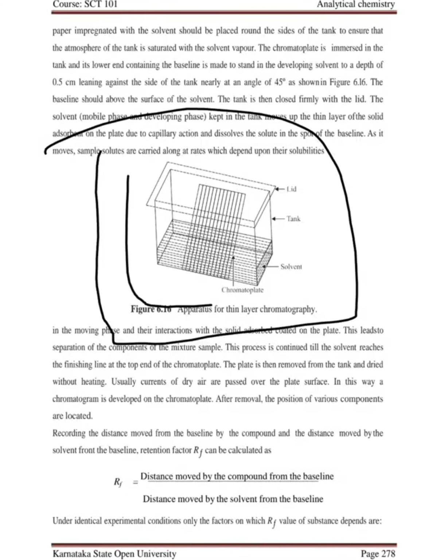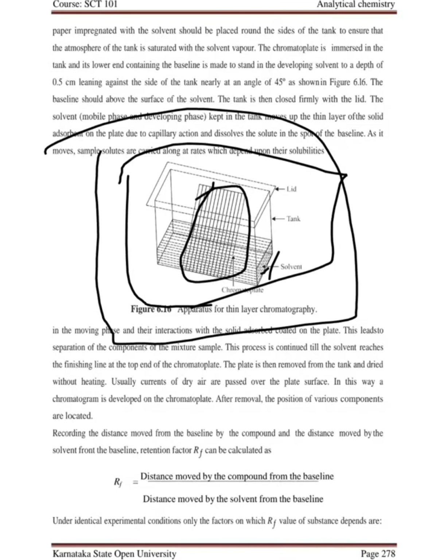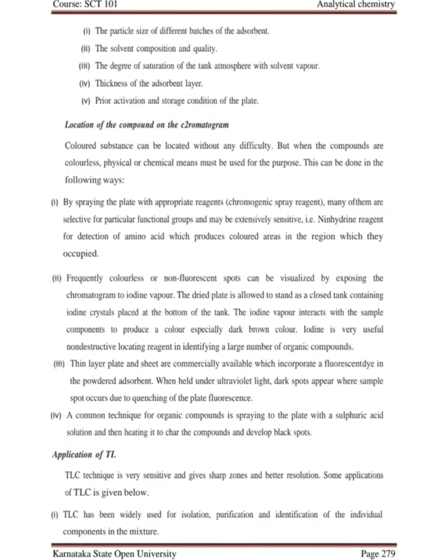The tank is a large beaker in which we immerse the TLC plate and close it with a lid, with the solvent below. This is known as the mobile phase, and it runs from the lower part to the upper part. So the chromatogram is developed on the chromatoplate, and we identify the location of the compound.